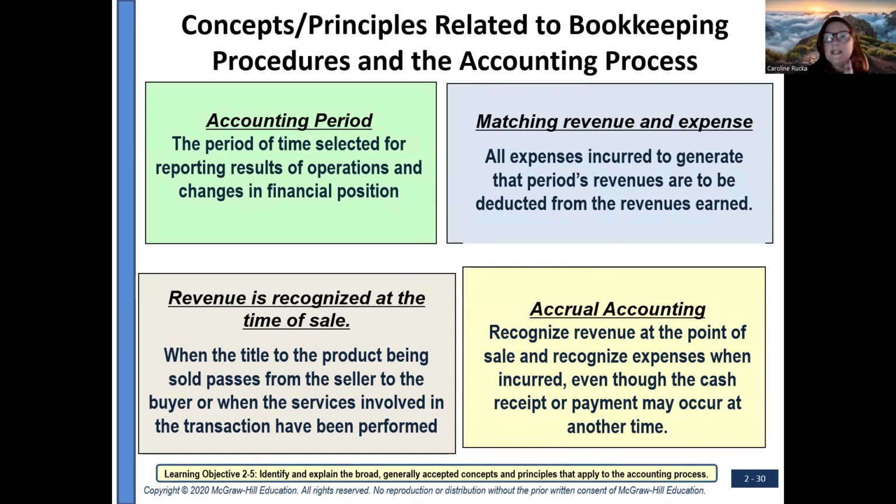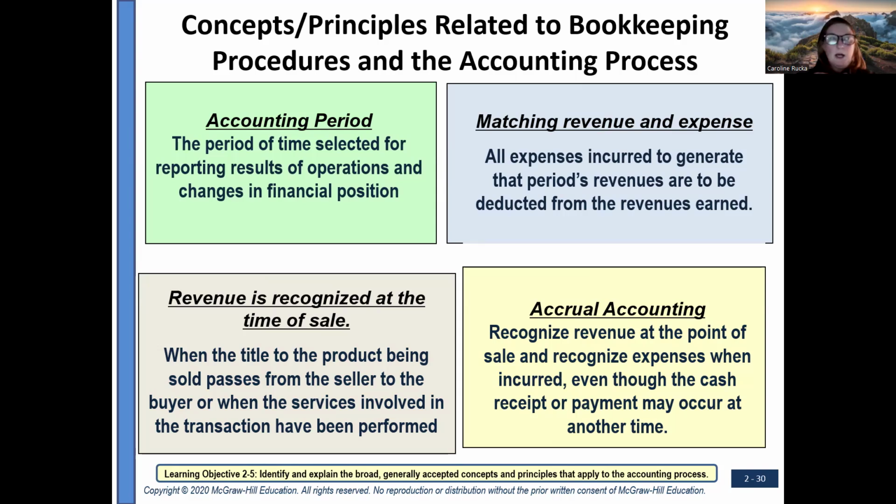The accounting period. This is the time period that our financial statements cover. It can be a year, it can be a quarter, it can be a month. It really depends on our own accounting cycle.